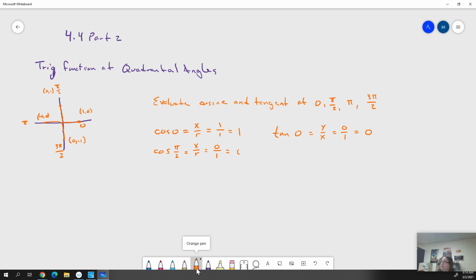And so we are going to be left with a value of 0. If we look at tangent of pi over 2, we get our y over our x, right? And in this case, our y over our x is 1 over 0, which we cannot divide by 0, so it is undefined.